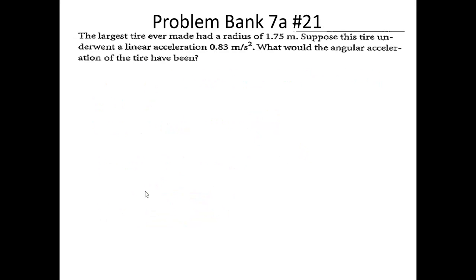Number 21. The largest tire ever made had a radius of 1.75 meters. Suppose this tire underwent a linear acceleration of 0.83 meters per second squared.